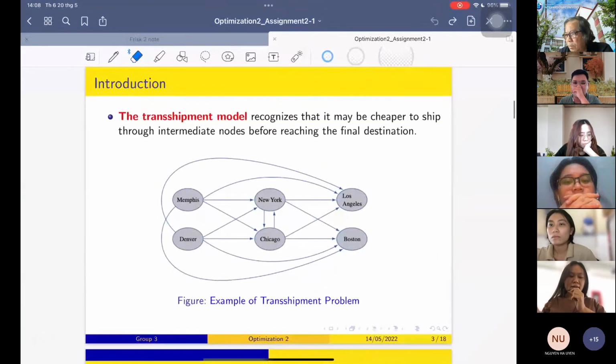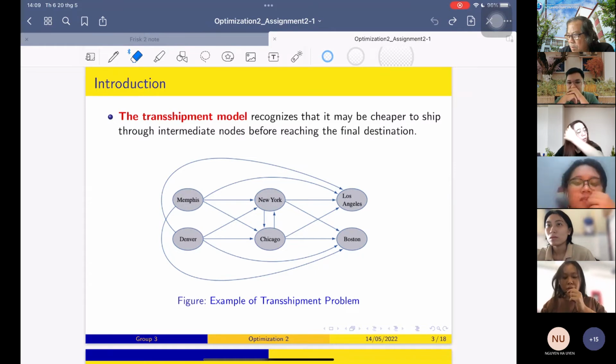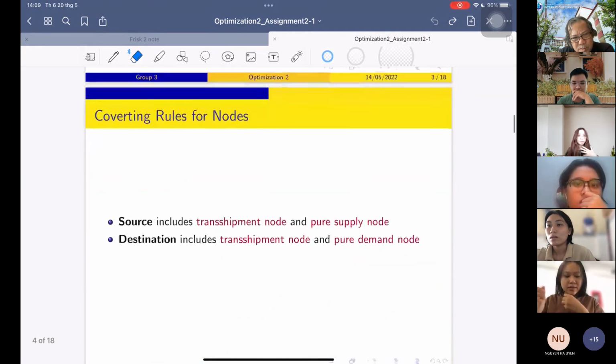The introduction, the definition of the problem is that the transshipment model will realize that it may be cheaper to ship through the intermediate nodes, which later we will call the transshipment node, before reaching the final destination. It's a little bit different from the common transportation problem in that we will use an extra node. And then we will explain later.